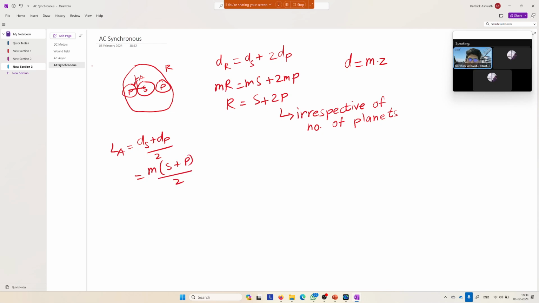So that will give you the length of the arm in millimeters, since m is in millimeters. So that's a good property to know about planetary gears.